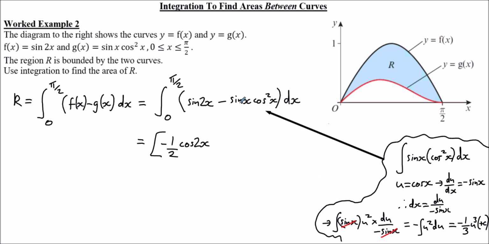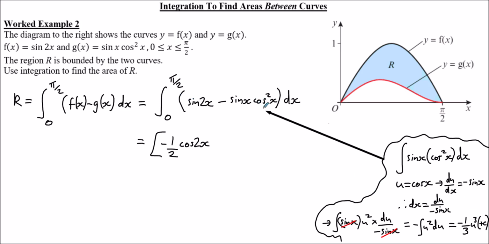So in other words, when we integrate this bit here to get the integral of minus sine x cos squared x, if we integrate sine x cos squared x, we get minus 1/3 u cubed, plus or minus c. But because we're taking a definite integral here, we don't need to worry about the c.